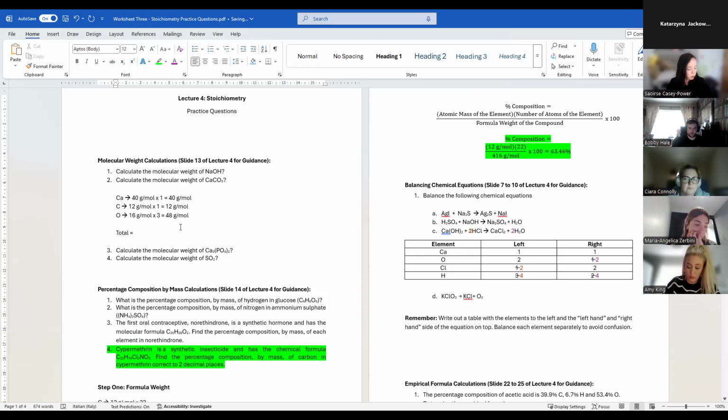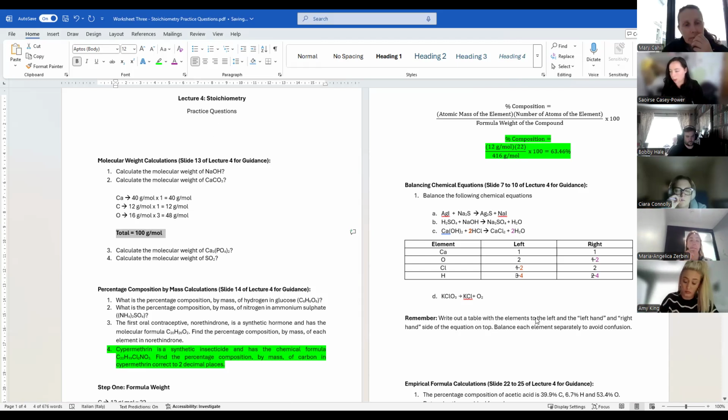For this particular example, it will be 40 plus 12 plus 48. And that will give us 100 grams per mole as our molecular weight. So that's our total molecular weight for our compound, calcium carbonate. Is there any part of that, guys, you want me to go back over?